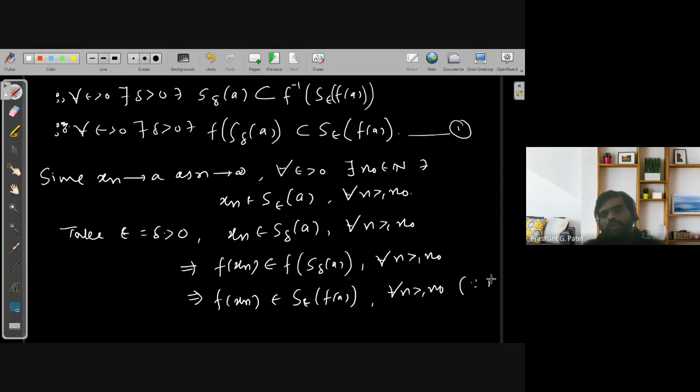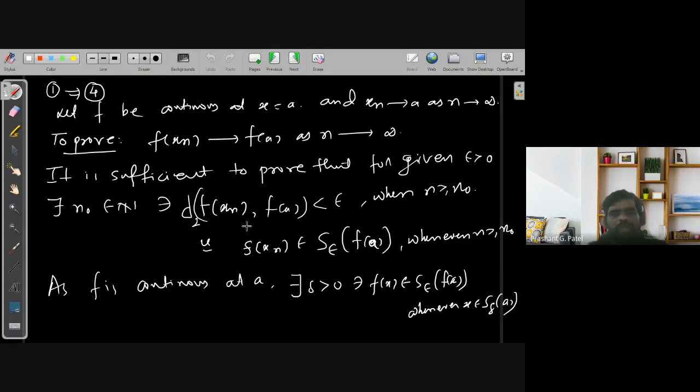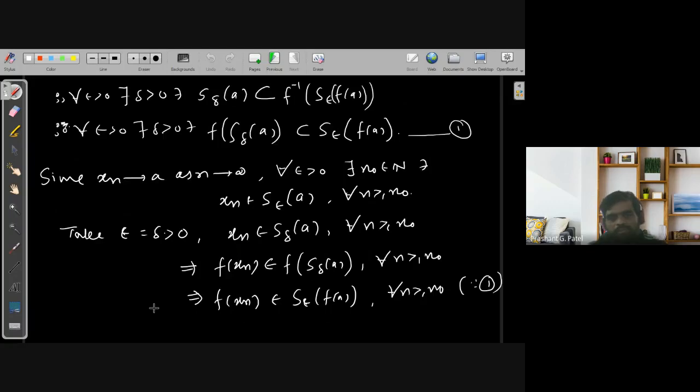This is because of 1. So ultimately, it is sufficient to prove that f of xn belongs to S epsilon of f of a, which we have proved here. Therefore f of xn converges to f of a as n tends to infinity. So that completes the proof of 1 implies 4.